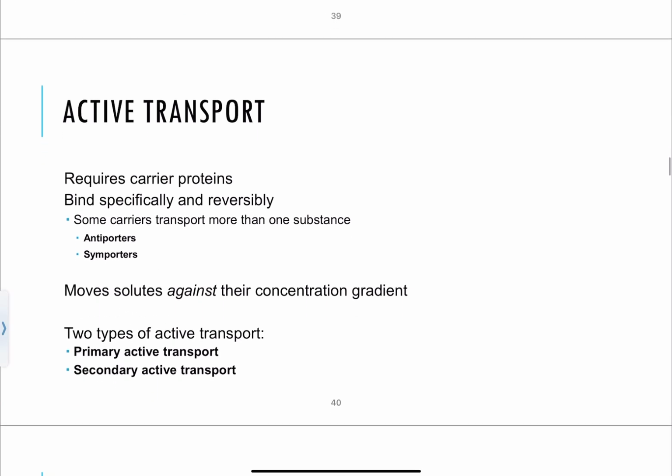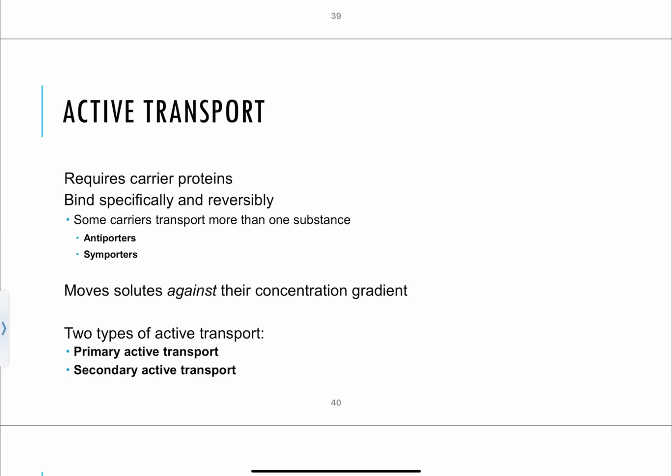So active transport is always going to require some sort of carrier protein, at which point whatever it is allowing to cross is going to bind to that carrier protein very specifically, but also can bind reversibly. When we talk about carrier proteins and movement of substances across the membrane, we have two types of carrier proteins. One is an antiporter and one's a symporter. And antiporters are going to move substances in opposite directions.